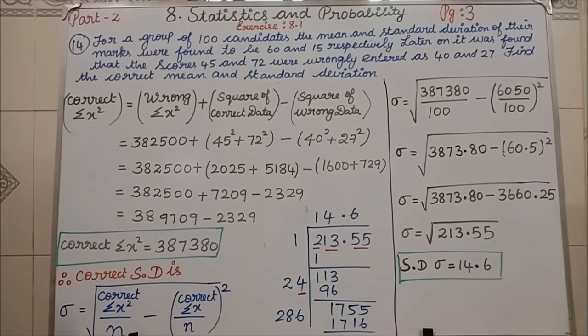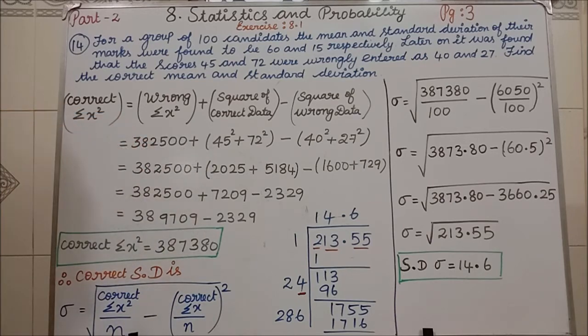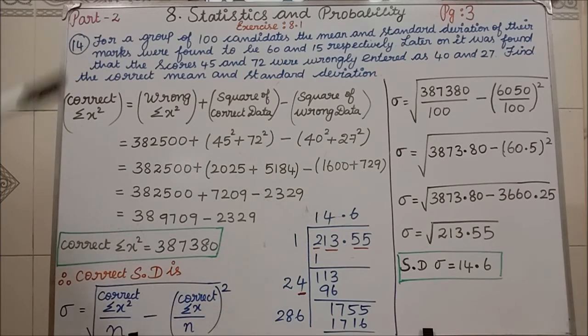So 40 square plus 27 square you have to subtract. Clear? So 3,82,500 plus 45 square is 2025, plus 72 square is 5184, minus 40 square is 1600, 27 square is 729.